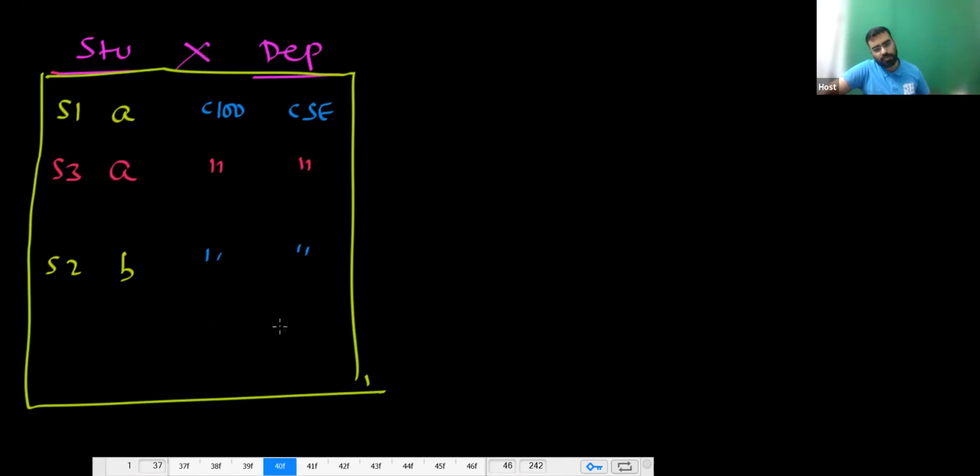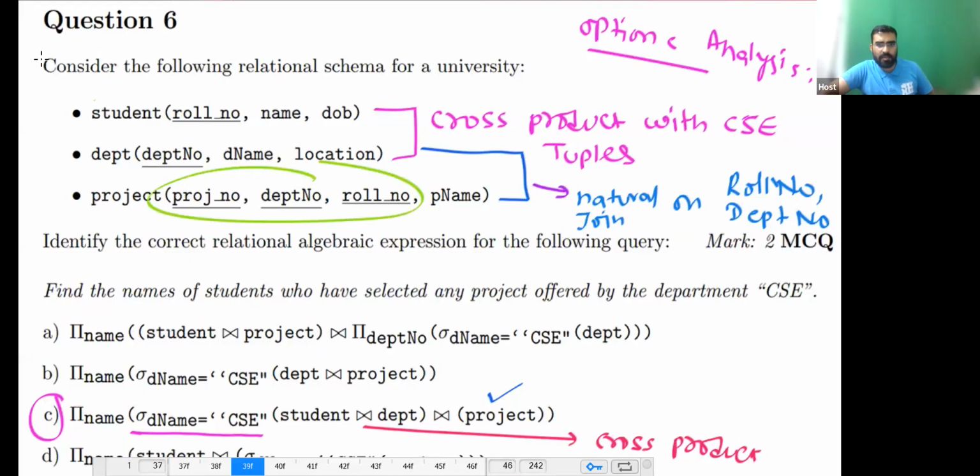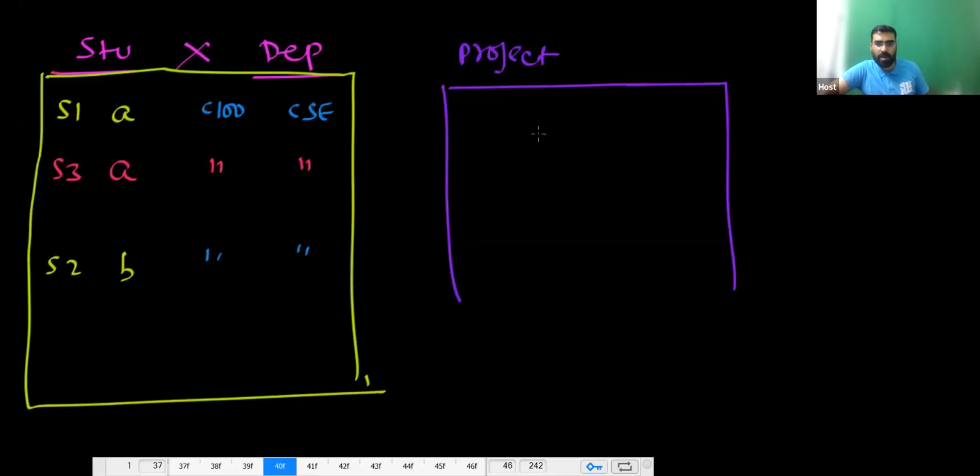Okay. Now this is what you got. Now finally, what are you doing? Now you are doing the cross product with the project table. In the project table, let's assume you have this type of data: project number, department number, and roll number.